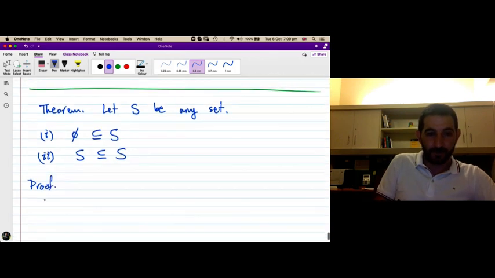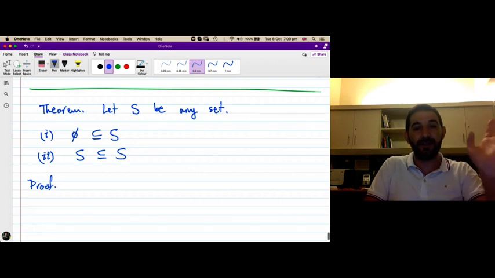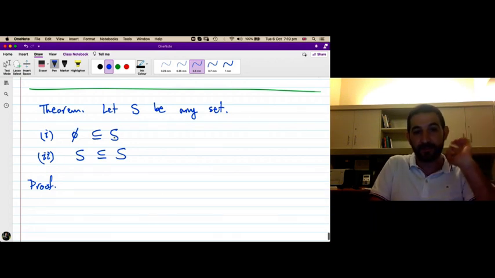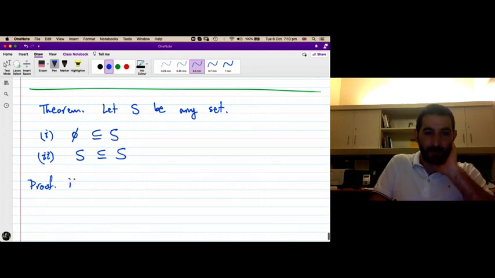Let's prove the first one. So again, what is the theorem telling us? That the empty set is a subset of any set, and any set is a subset of itself. Let's prove the first one.